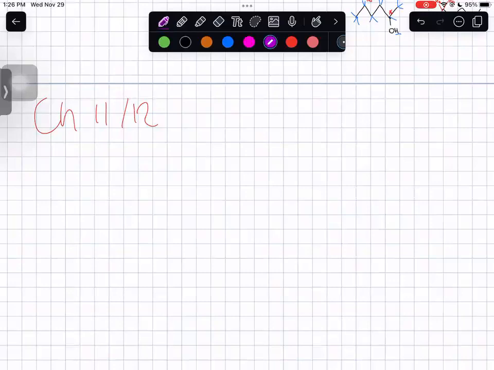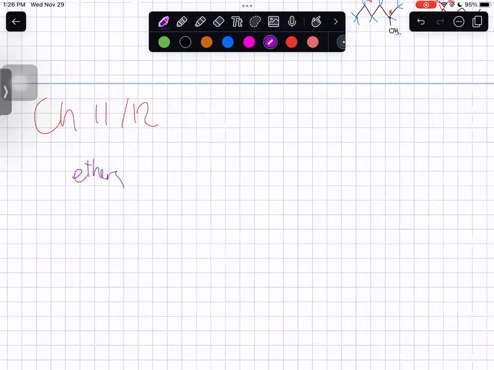11 and 12. What were the 2 ways in which we can name ethers? There were 2 different ways. Like cyclic ethers, not esters, that's later.